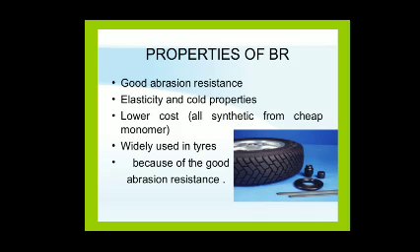Properties of butadiene rubber: good resistance, elasticity and cold properties, low cost, all synthetic from cheap monomers, widely used in tires because of good abrasion resistance.